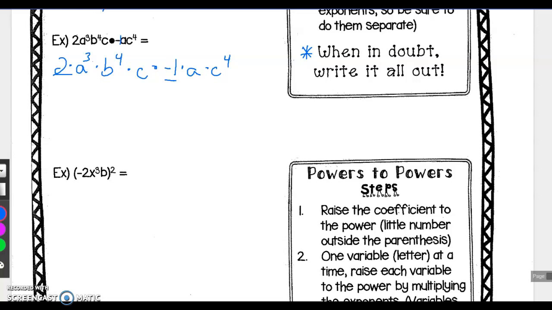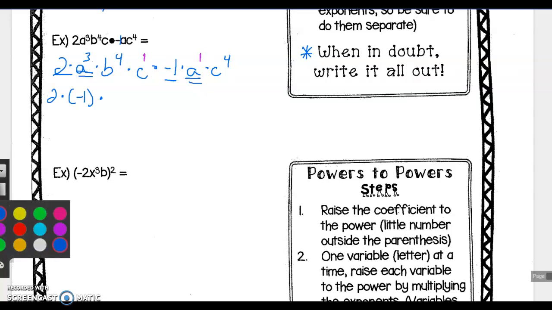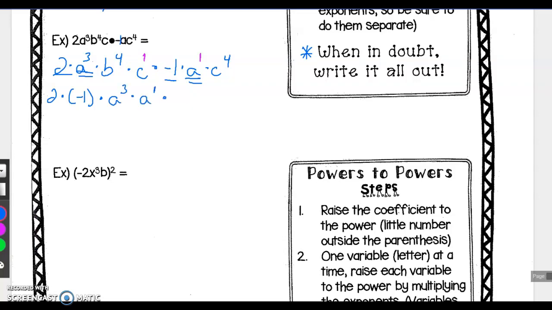We're going to multiply the coefficients. So 2 times a negative 1 times, I'm going to add up my a terms, keeping in mind that this a has an exponent of 1 and so does this c. So I'm going to go a to the third times a to the first. All I'm doing is rearranging things. B is all by its lonesome.